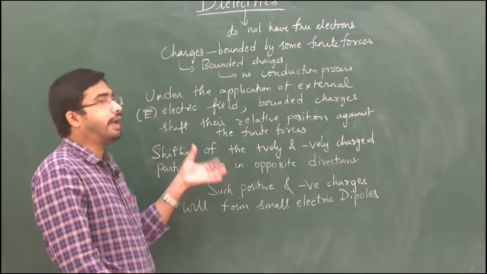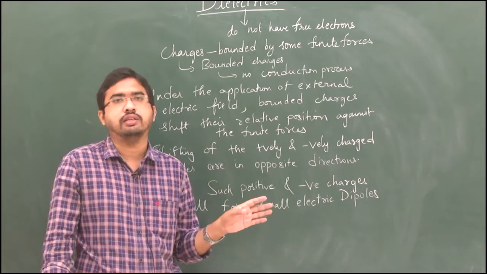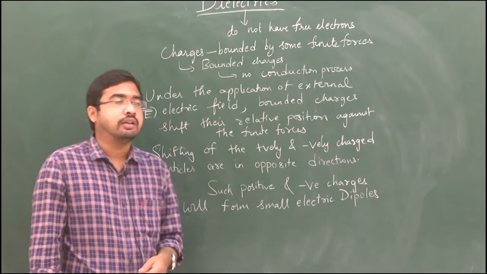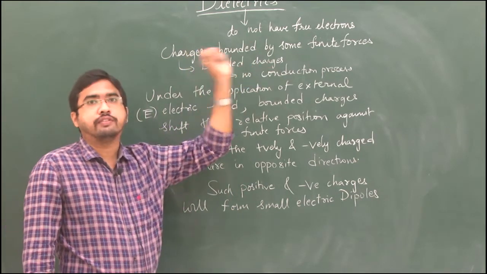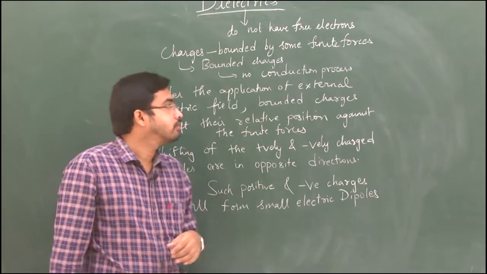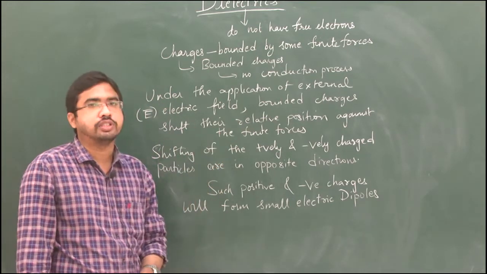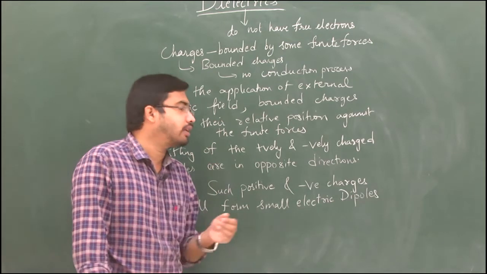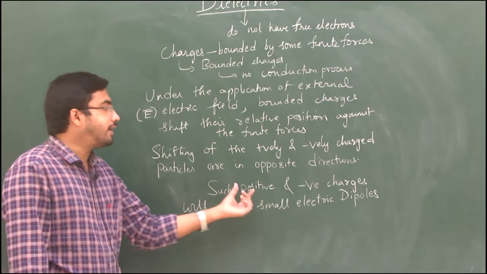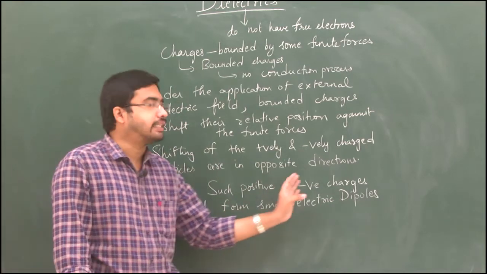So in a dielectric also, though they do not have free electrons and will not conduct electricity, under the application of external electric field intensity E bar, they will oppose those finite forces and gain some energy. They will shift from their relative positions, and the positive and negative charged particles will move in opposite directions. While moving like that, the set of those positive and negative charges will form small electric dipoles.